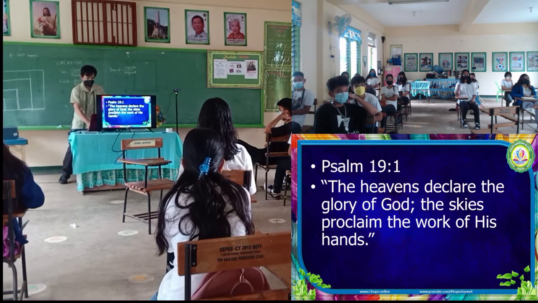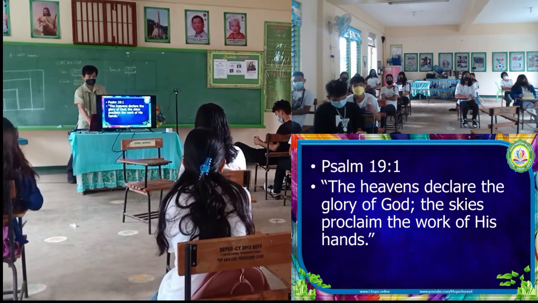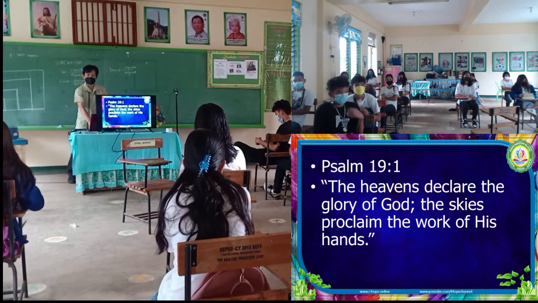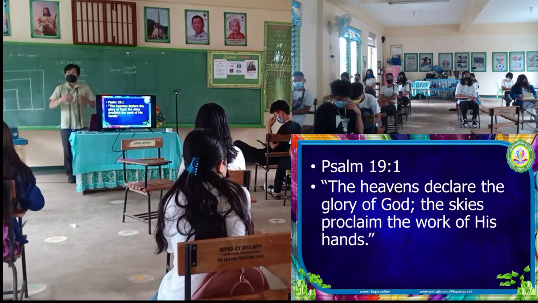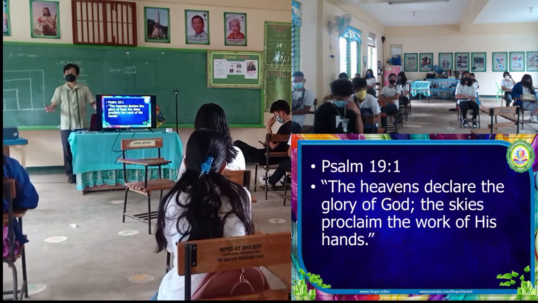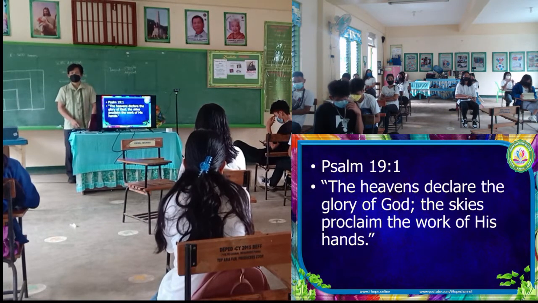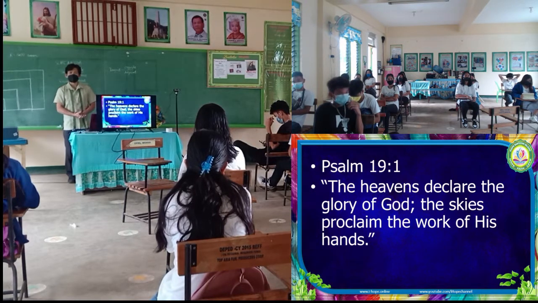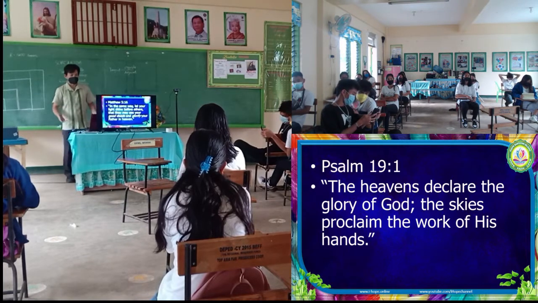The second lesson is taken from Psalms 19 verse 1, the heavens declare the glory of God. The skies proclaim the work of His hands. So, the stars have no language, but they are able to glorify God through their brightness.